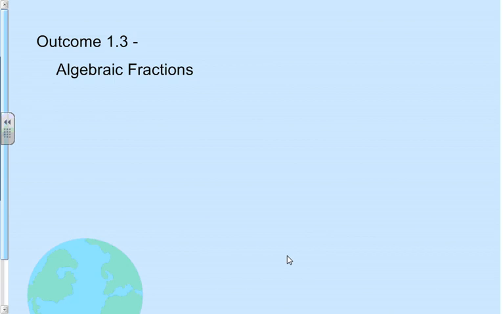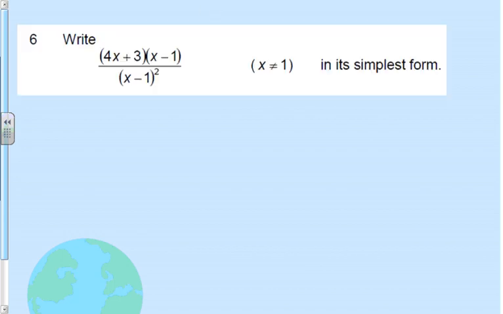Outcome 1.3, algebraic fractions. So this uses all of your knowledge, mostly from surds and indices, also your algebra knowledge and your fractions knowledge. So we want to write 4x plus 3 brackets x minus 1 over x minus 1 all squared in its simplest form.